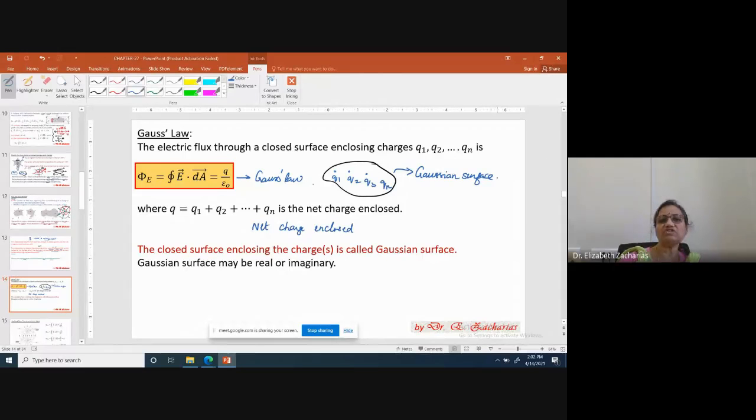But this equation always holds good. Now look at this interesting thing. In Gauss law, flux is equal to Q by epsilon naught. You are seeing that in this equation the geometry, the shape and size of the surface, is not figuring at all. Directly by knowing the net charge enclosed, you can find out the flux.